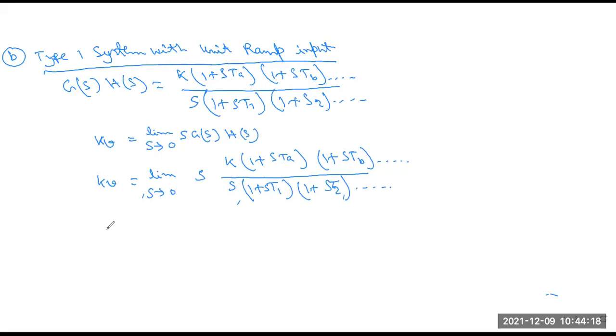We know that in previous classes, the unit step response is used for position or displacement calculations. When you have to calculate the velocity, you use the unit ramp input function. When you have to calculate the acceleration of the systems, you use the parabolic input function. Is it clear, all of you?